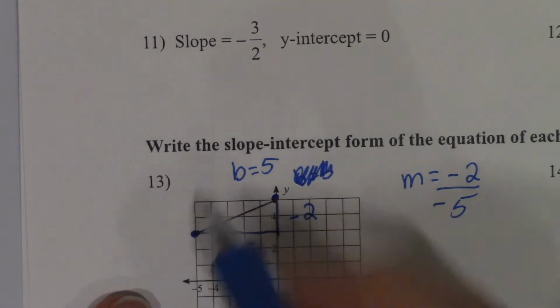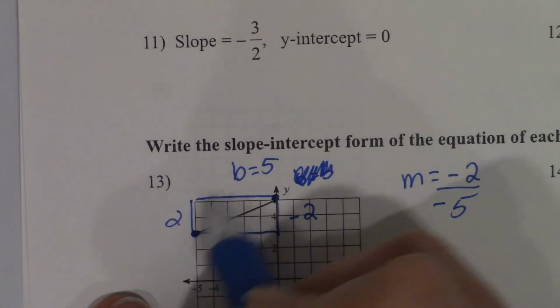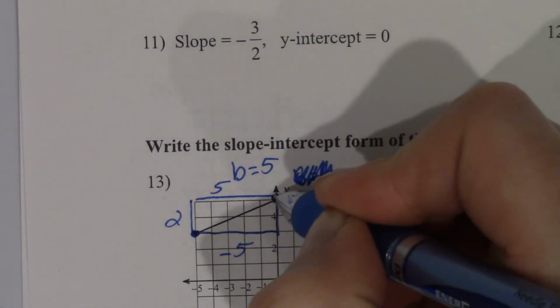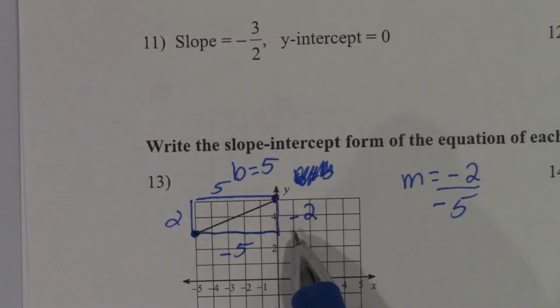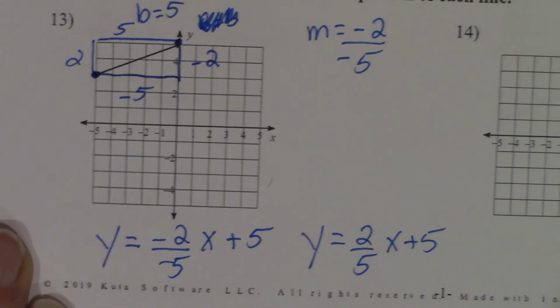I would say I have a rise of 2 and a run of 5, which would be positive 2/5. But since we are starting here at our y-intercept, we have a rise of -2, a run of -5. It's the same thing. Negative divided by negative is a positive. So this is our answer for number 13. Okay, let's look at number 14.